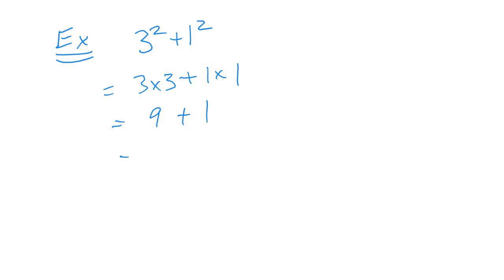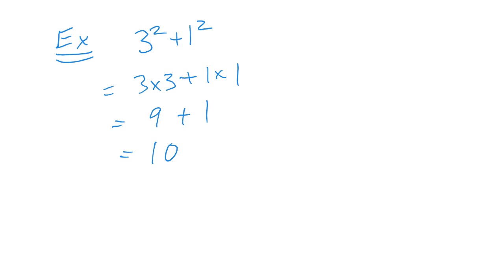Be able to make sure that we can do this kind of calculation. Okay? So here's what I want. Let's say I have 3 squared plus 1 squared. Show me the full solution. So you'd have 3 times 3, and then we have 1 times 1, which gives us 9 plus 1, which is 10.